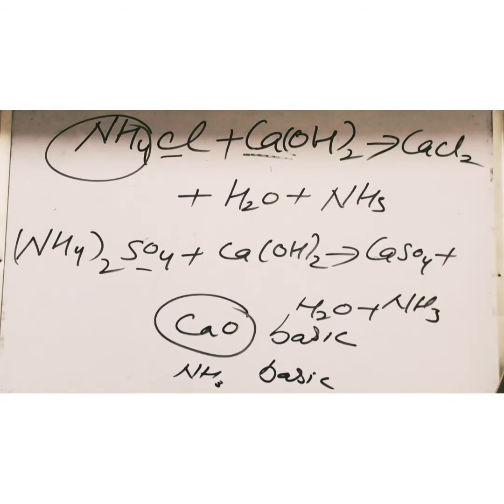So what is the method of collection? Downward displacement of air. Then why is this gas not collected over water? The reason is that, like HCl gas, ammonia gas is also highly soluble in water. So that's why it is not collected over water.